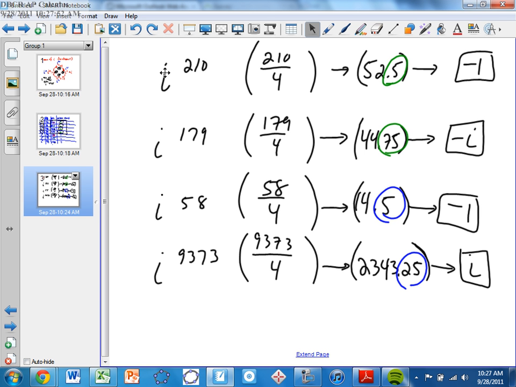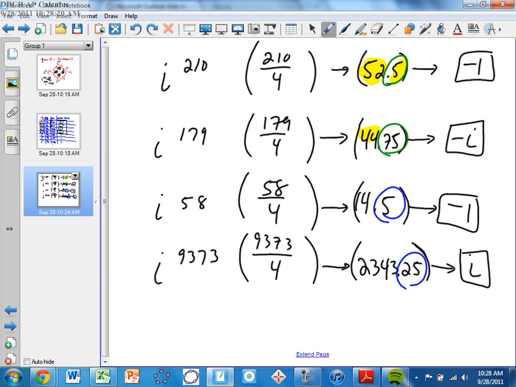In words, here's what we would say. You loop, and I'll highlight as I do it. This says you loop 52 times. That's what the 52 means. You're looping around the i wheel 52 times, and then you go halfway around it, which gets you to -1.